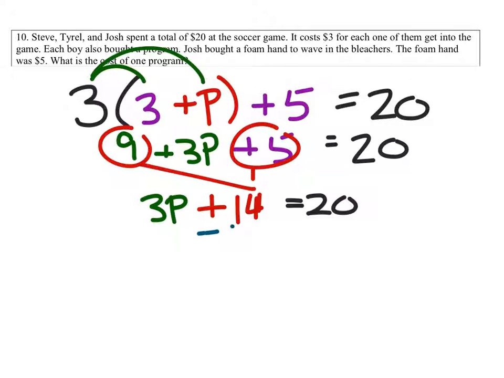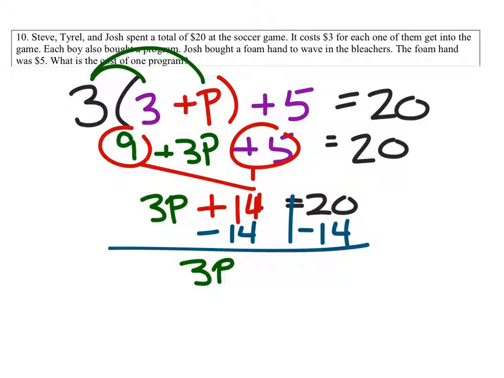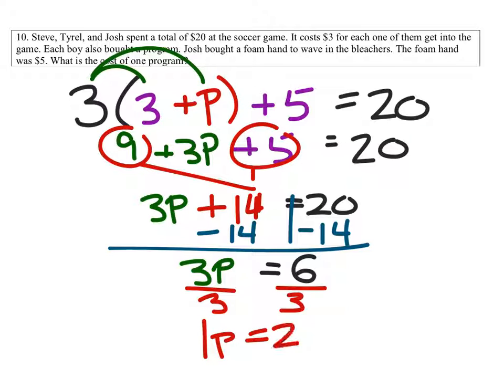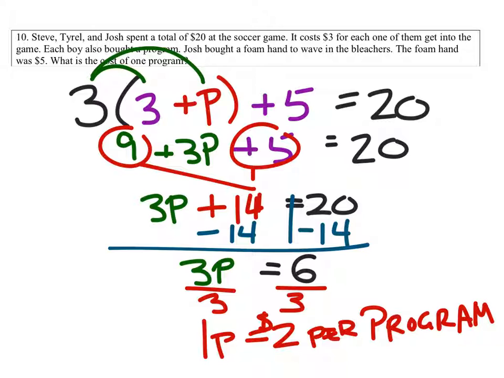So to solve this, we'll subtract 14 from both sides. And we see the three programs, all of them together, equaled $6. And then dividing by 3, we can see that one program was $2. $2 per program. That's all I wanted us to solve for.